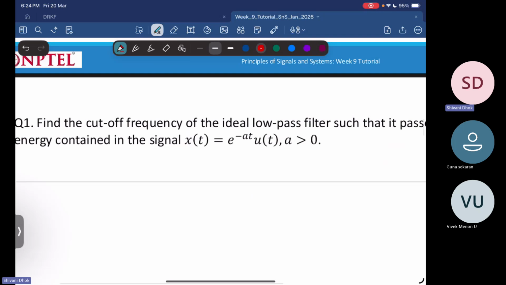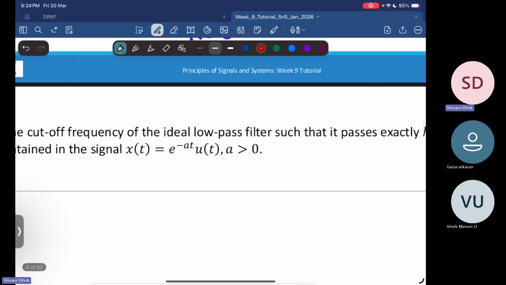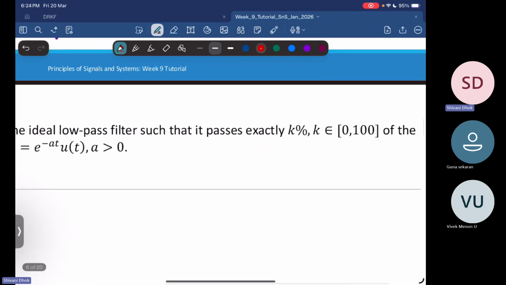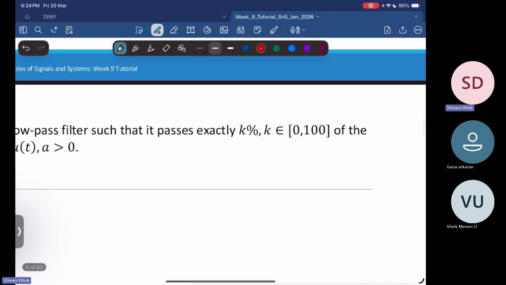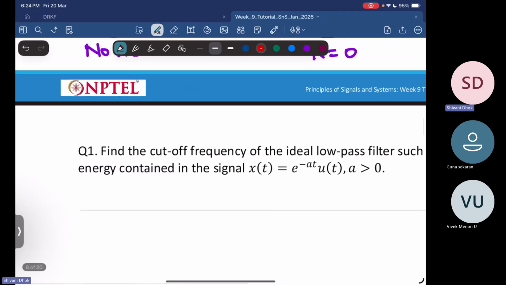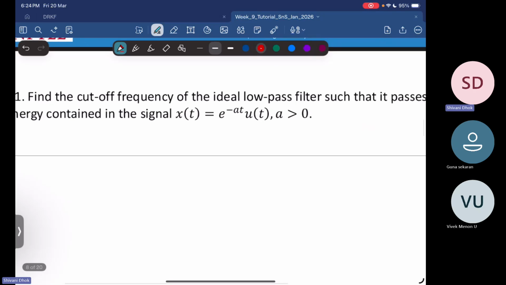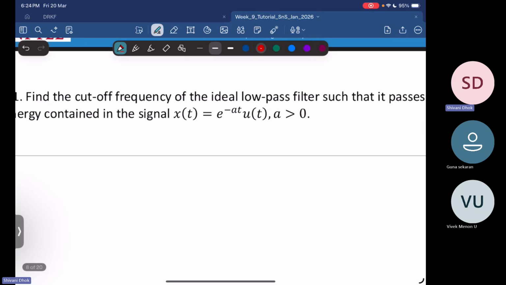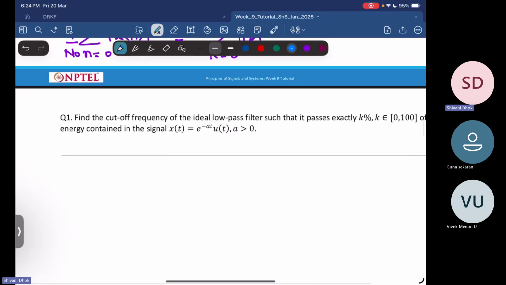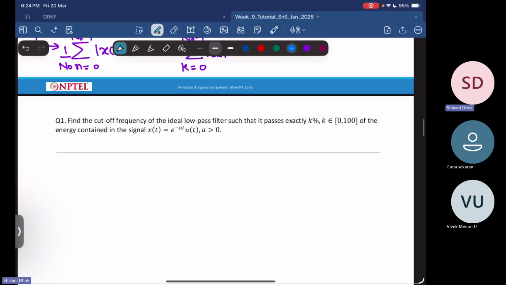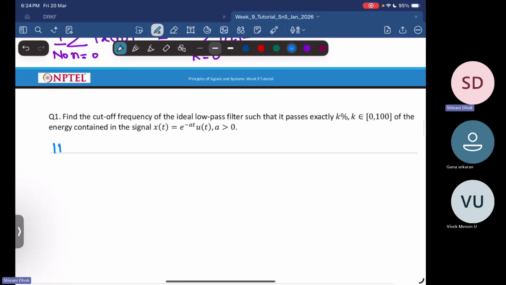It says: find the cutoff frequency of the ideal low pass filter such that it passes exactly k%, where k is in 0 to 100, of the energy contained in the signal x of t, which is equal to e power minus at u of t. So what is it saying? You have an input x of t, which is e power minus at into u of t, where a is greater than 0.